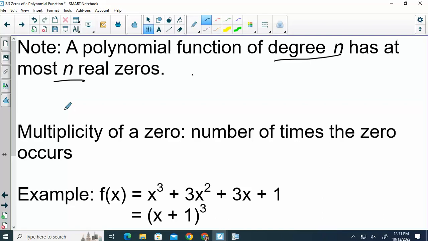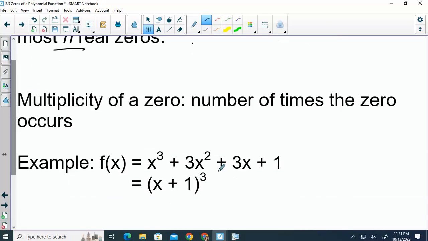So that's just the thing to remember there. Multiplicity is the number of times a 0 occurs. So for instance, this one factors into x plus 1 cubed. So my 0 would be what? Yeah, -1. But multiplicity of 3. And those will be very important in the sections to come. So just a couple questions along this line, and then we'll wrap up for today.